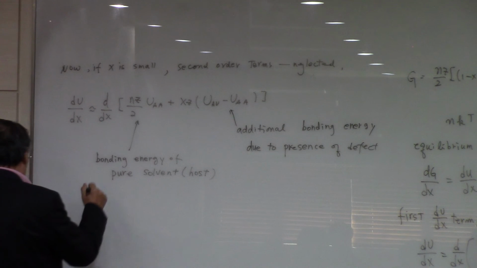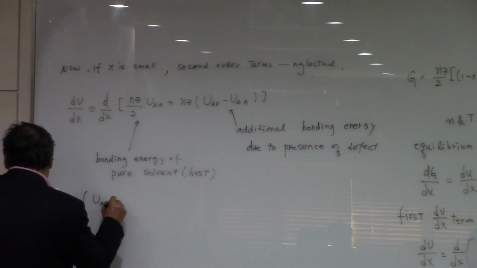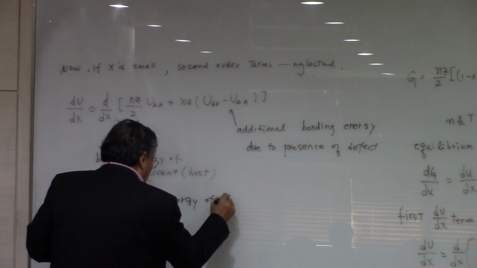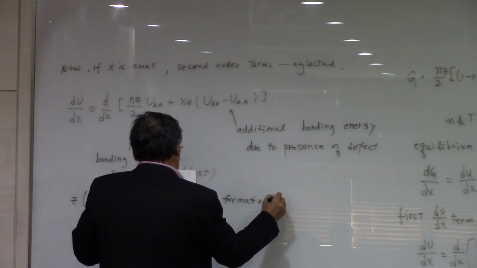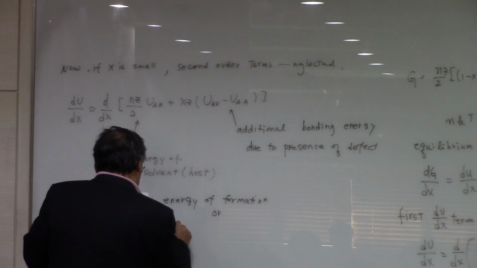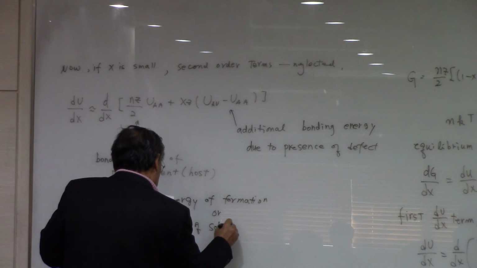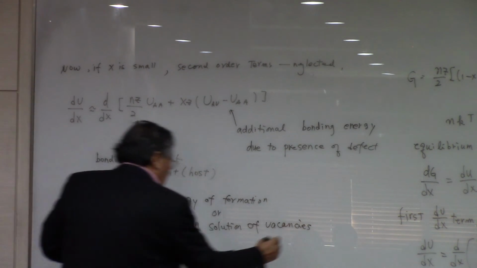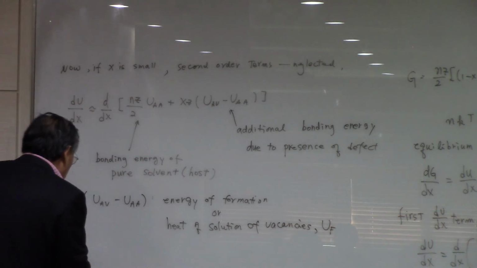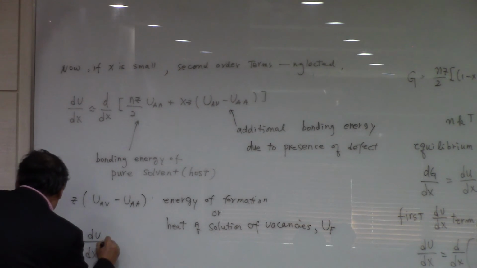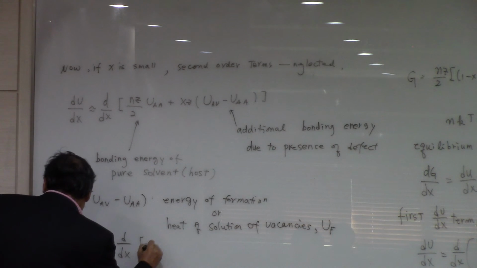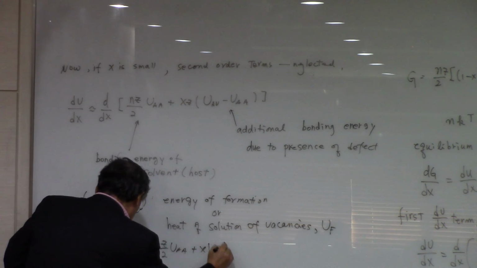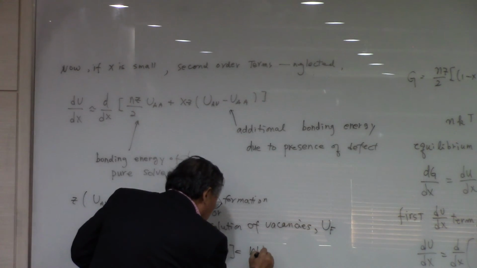Well, now Z(UAV minus UAA) is going to be energy of formation or heat of solution of vacancies, which is UF. dU over dx now is equal to d over dx of a plus x UF, and UF.